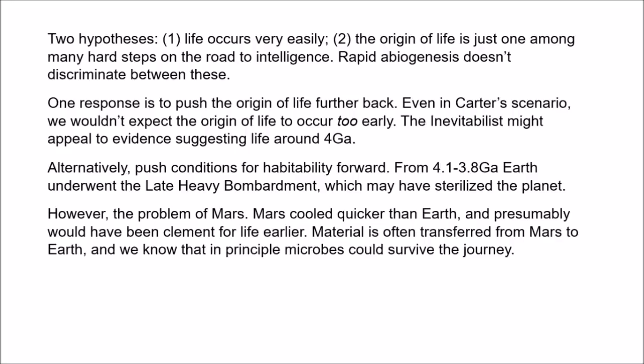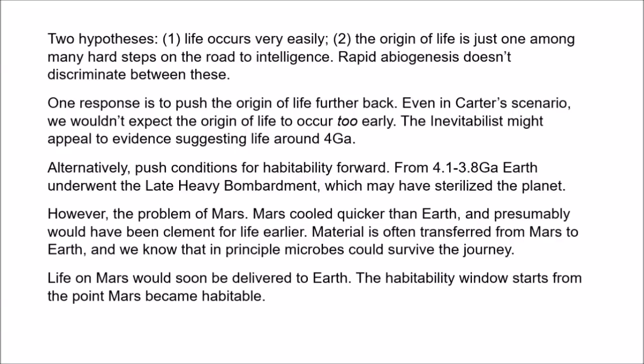If there's life on Mars, we should expect that it will soon be delivered to Earth, soon in astronomical time. So even if life appeared rapidly on Earth once it became habitable, since Earth and Mars form a slightly connected system, that doesn't block Carter's argument. Because we actually need to start counting from the point that Mars became habitable, and that would have been earlier than on Earth. So even a very rapid emergence of life on Earth wouldn't necessarily tell us much.